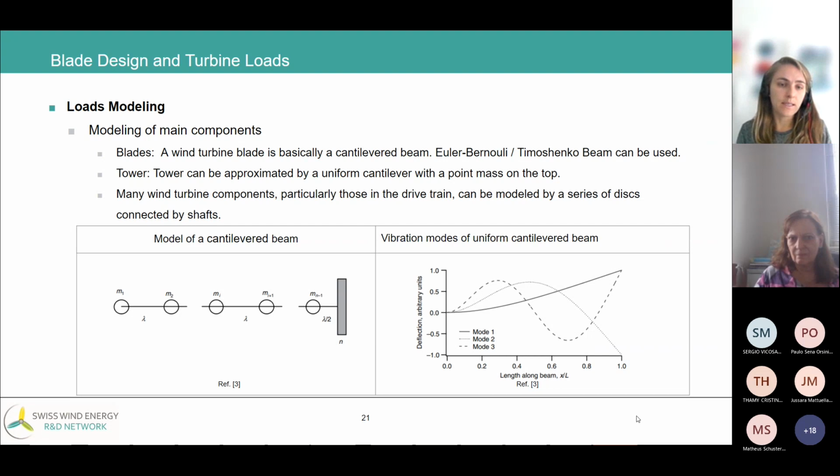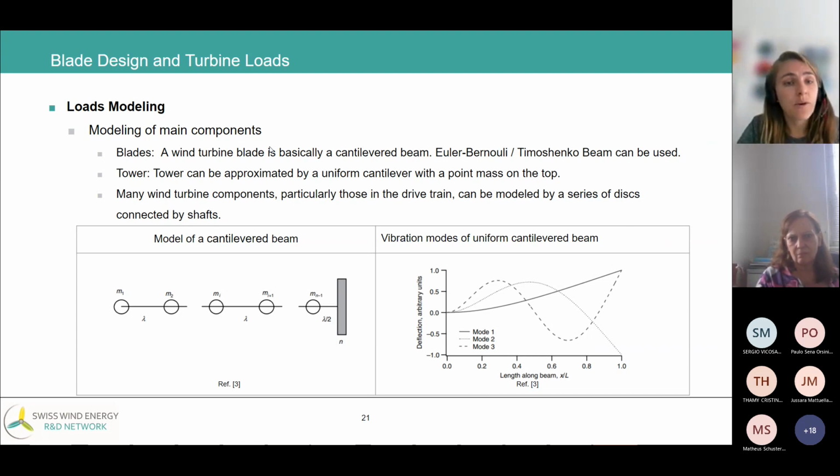You model your blade based on the mass, the length, and the inertia of your blade, and in order to calculate the forces, the stresses, and the deflections of your blade, you can use the Euler-Bernoulli or Timoshenko beam models. I will not go so deep into this because I believe it's the topic for the next section. And this is for the blades.